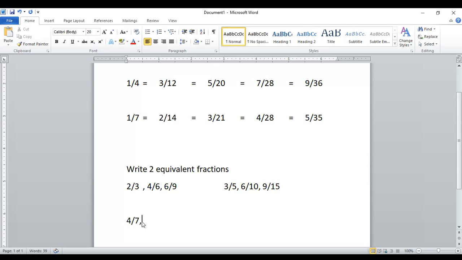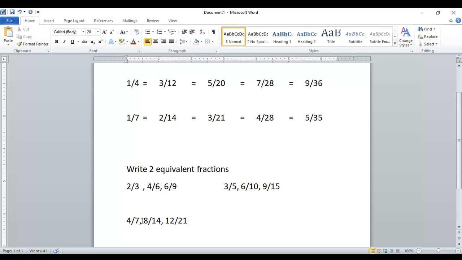And again, I'm just going to go with number 2. I'm going to say 2 times 4 is 8, and 7 times 2 is 14. And then 3 times 4 is 12, and 7 times 3 is 21. So these are my 2 equivalent fractions that stem from this fraction.